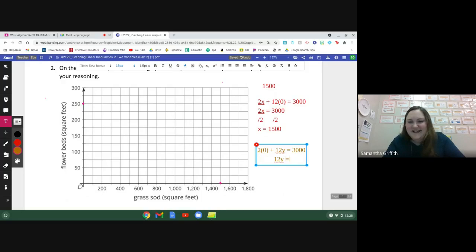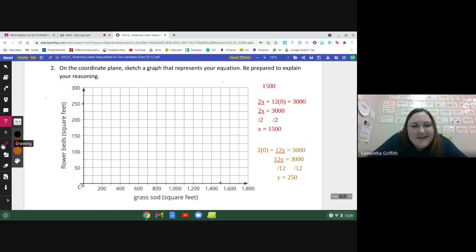So then we just get that 12y equals 3,000. We're saying if we get 0 square feet of sod, we're trying to figure out how many flower beds that would be. And then when we solve this equation, like Sheila said, it's similar to what we did for that first part. We're just changing which variable equals 0. And we get y equals 250.